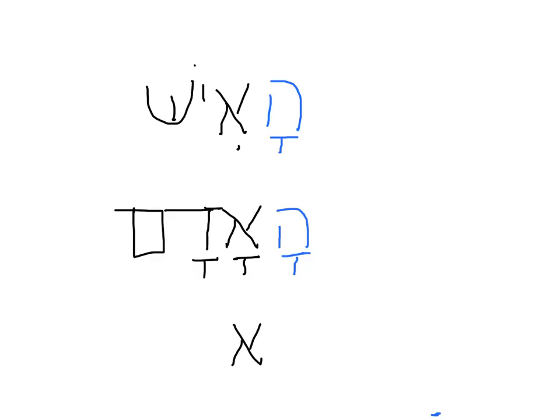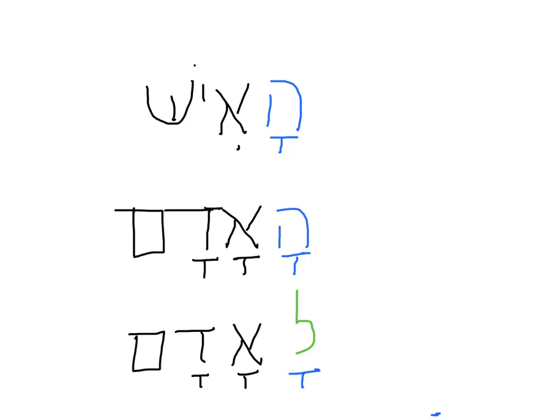Now, if we wanted to say to a human, well, then what we would do is we'd start with Adam, to the human, and then we would add our article. Now, the hey is going to get displaced by the prefix preposition la Adam.